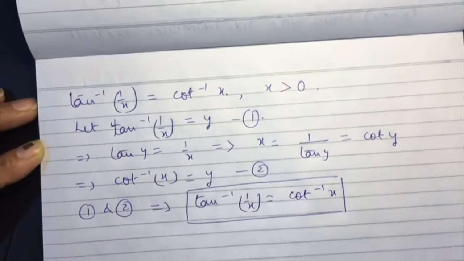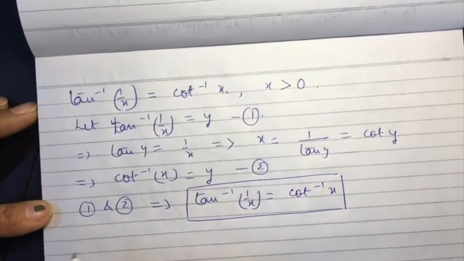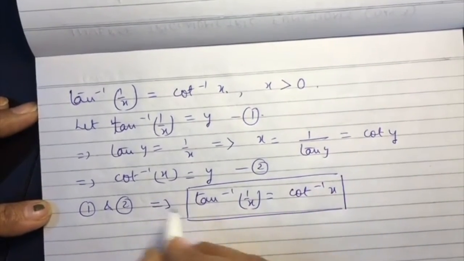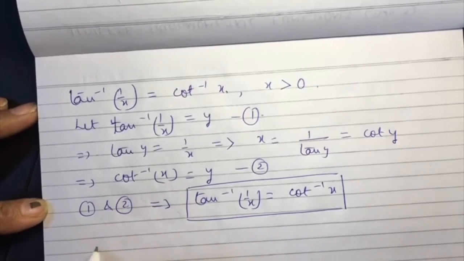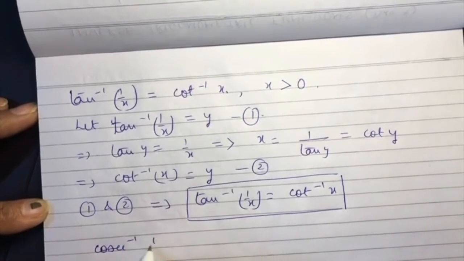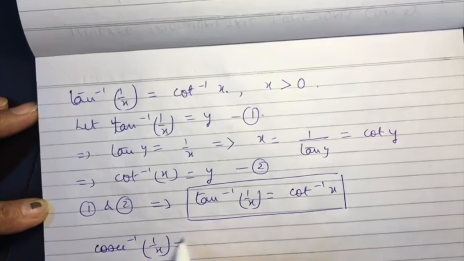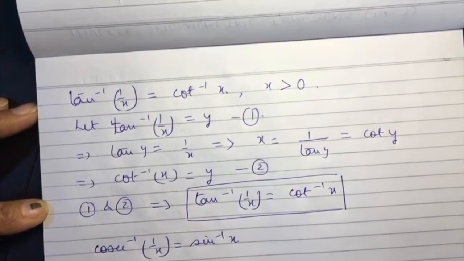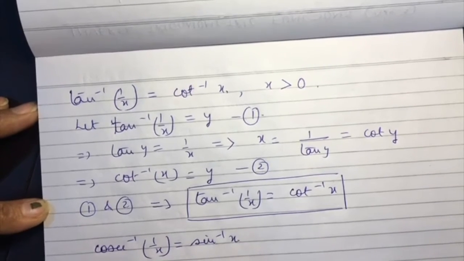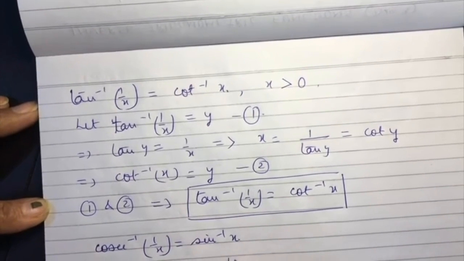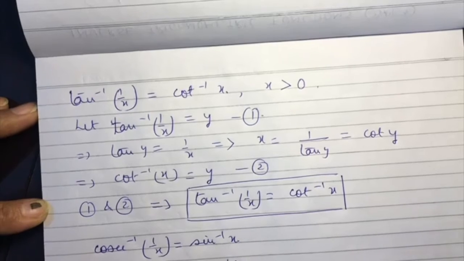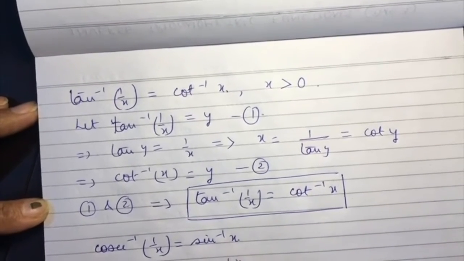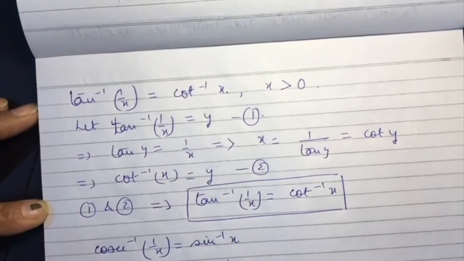Exactly on the same lines, we can do the remaining 3 results, that is cosec inverse 1 upon x will be equal to sin inverse x, sec inverse 1 upon x will be cos inverse x, and cot inverse 1 upon x will be tan inverse x.